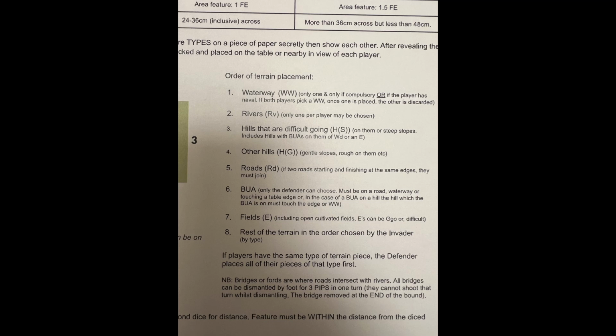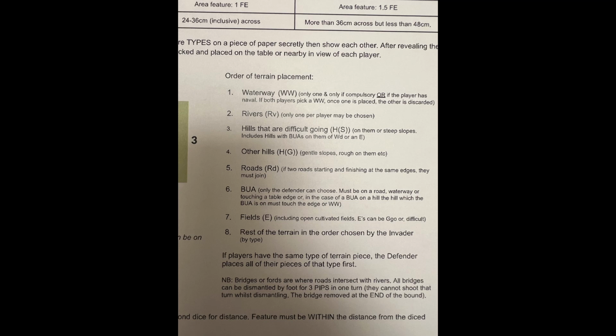The order that terrain is placed on the table as dictated by the rules commences with waterways, then rivers, then hills that are difficult, otherwise defined as a capital H, open brackets, capital S, close brackets, or hill steep, then other hills, capital H, open brackets, capital G, close brackets, roads, built-up areas, fields, and then the rest of the terrain in the order chosen by the invader.